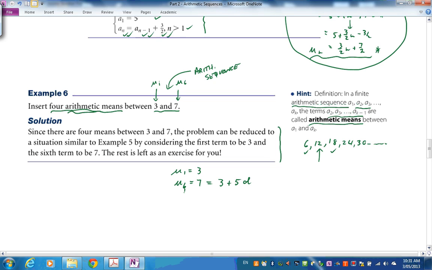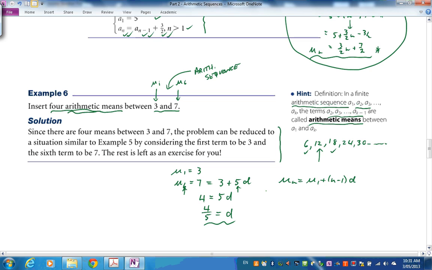Okay, because u6, n minus 1 d, remember the formula. The nth term is the first term plus n minus 1 times d. Let's subtract 3 from both sides. 4 equals 5d. Dividing by 5, we get d is 4/5.